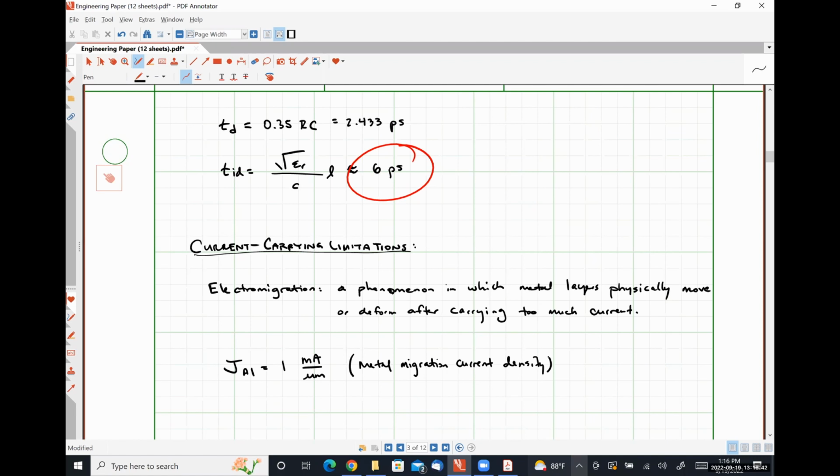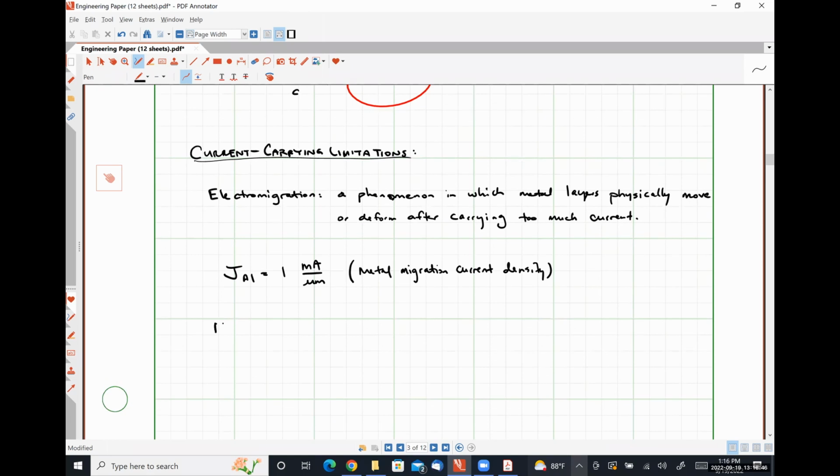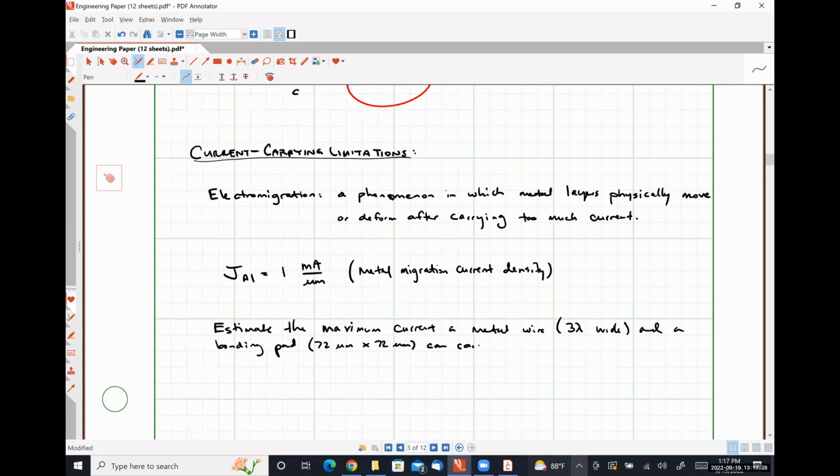So let's estimate the maximum current a metal wire, which is 3 lambda wide, and a bonding pad, which has its minimum dimensions of 72 micron by 72 micron, can carry in a C5 process.